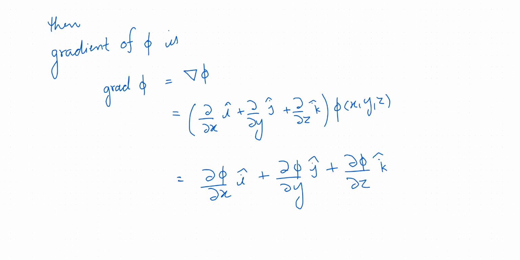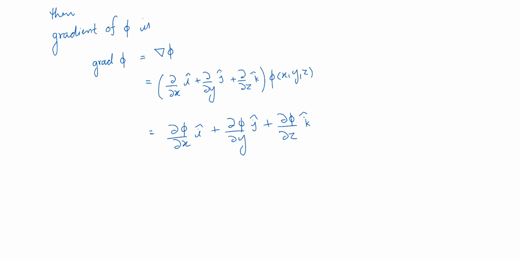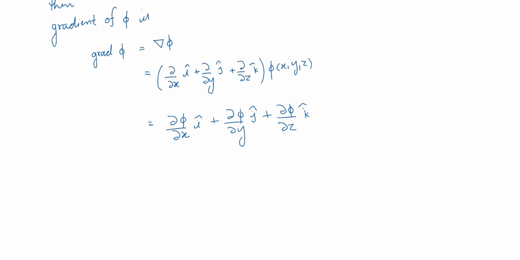Terms involving x will be differentiated here, other terms will be zero, as you know in partial differentiation. Terms involving y will be differentiated here, and other terms will be zero. And similarly here it will be of z.